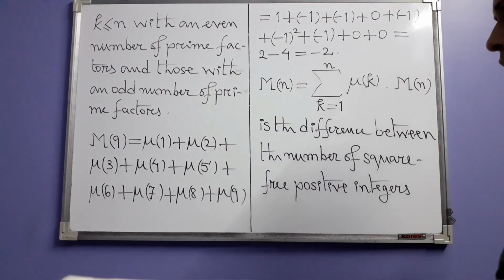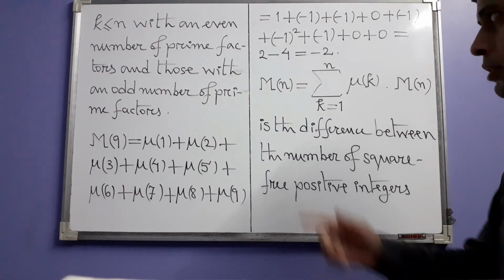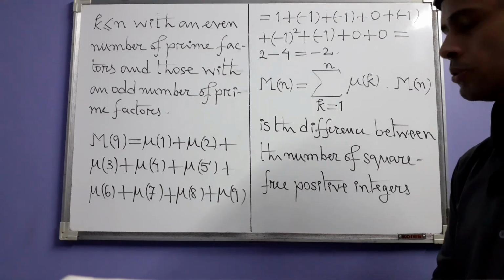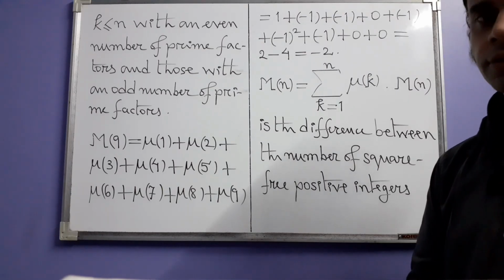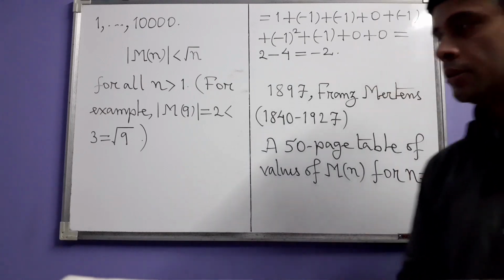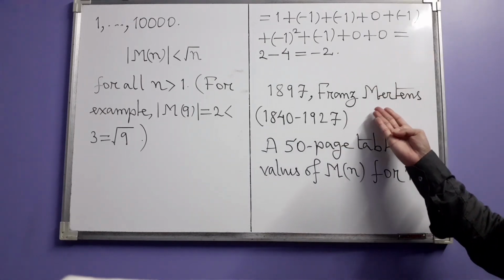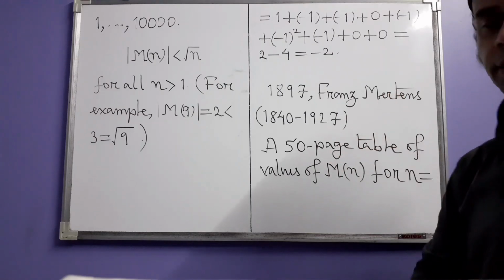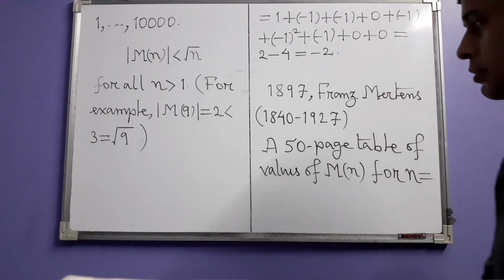Now, the final thing that the author says about this M of n is a conjecture which was eventually proved to be wrong, Mertens' conjecture. In 1897, Franz Mertens made a conjecture, a guess about this function M of n.